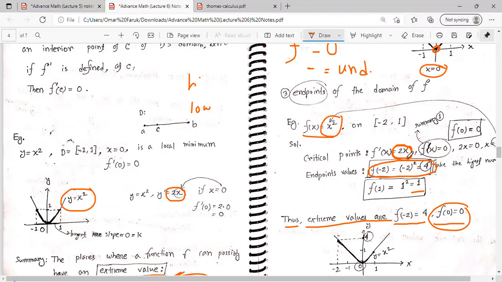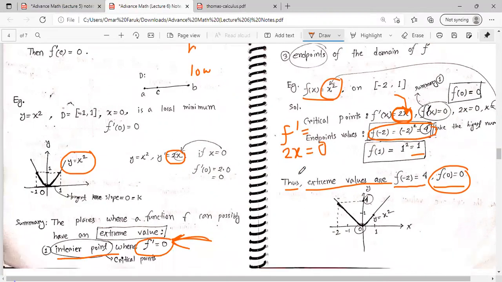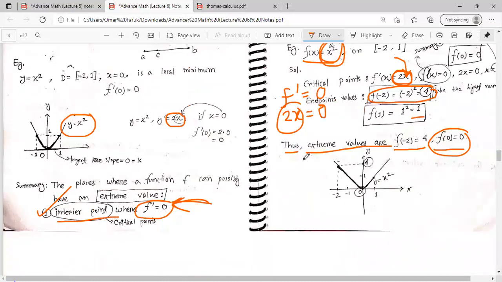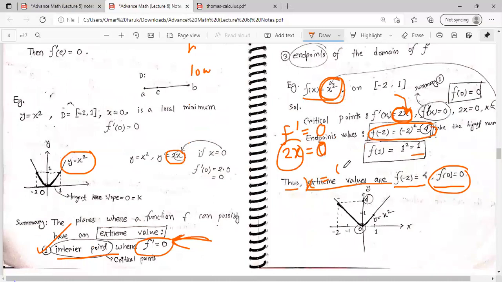And now we write 2x is equal to 0, so x will be 0 by 2, and 0 by 2 means 0.